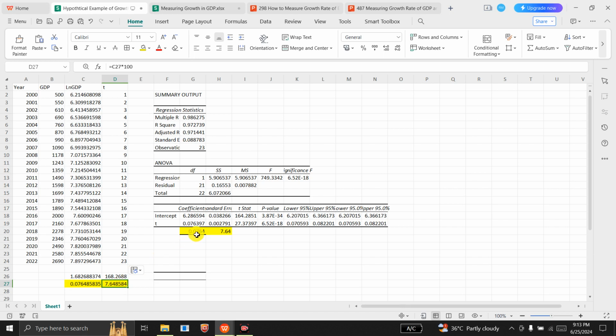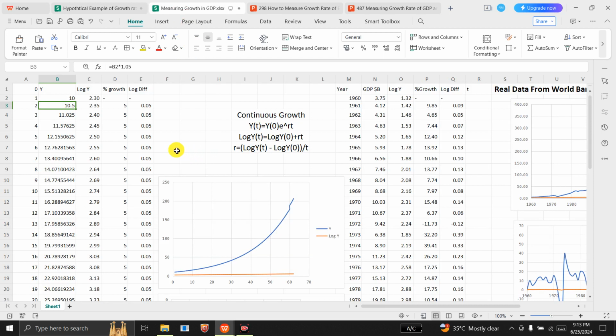So the growth rate using the log difference formula or the regression, the log-lin model, is that GDP has grown by an annual rate of 7.64%. So here I have used two different methods, and I have computed exactly the same value of growth for the hypothetical data.